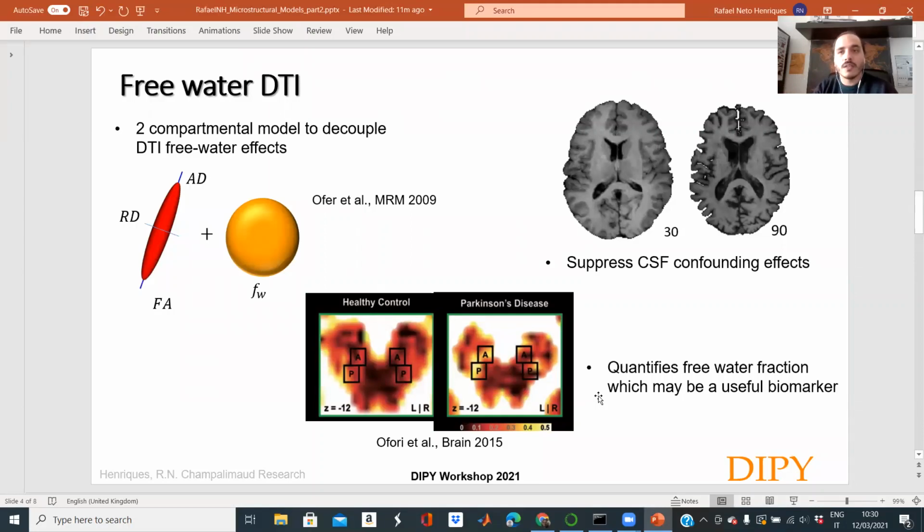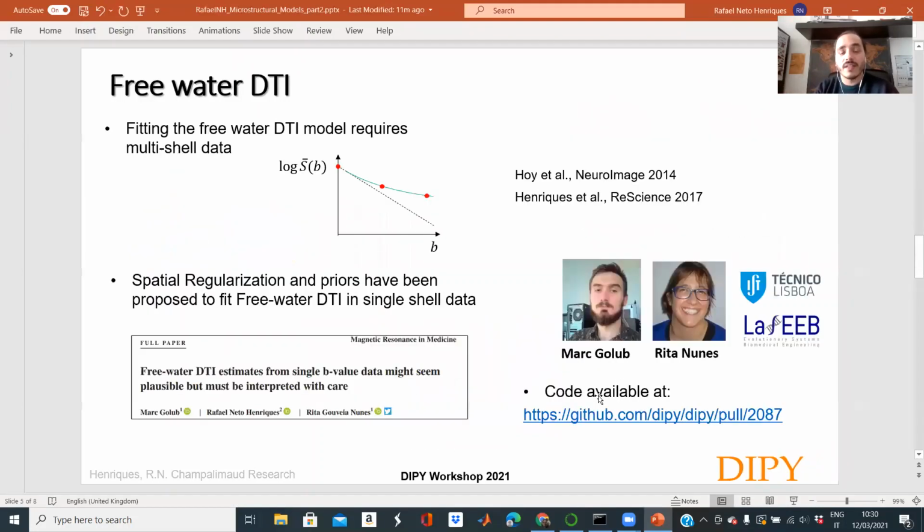Okay, so as this is a two-compartment model, it requires information from multiple b-values. However, it's important to note that some approaches have been tried to fit this using single-shell data, using spatial regularization and an initial guess with priors.